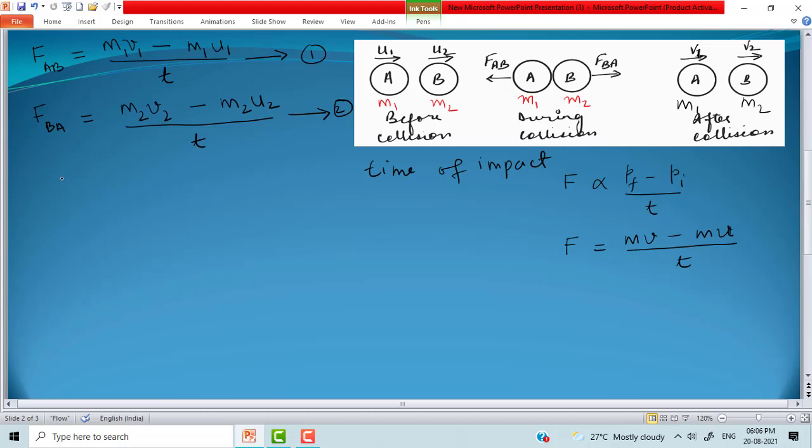And also from Newton's third law, these forces are action and reaction. They are equal and opposite. So we can write FAB is equal to minus FBA.